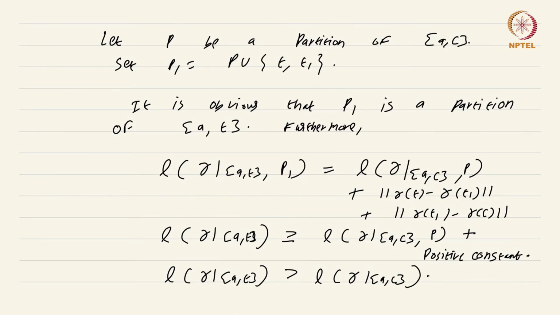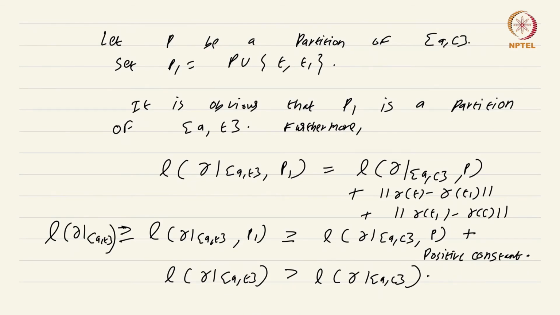First we took supremum over, actually it's better to just combine both steps. We can write that the length of gamma with respect to P1 is greater than or equal to the length of gamma restricted to [a, t].